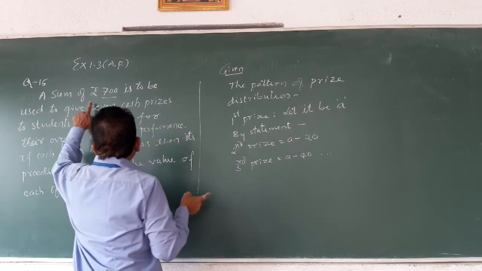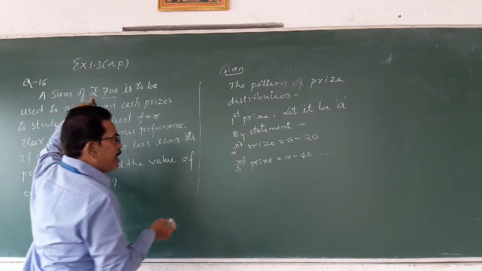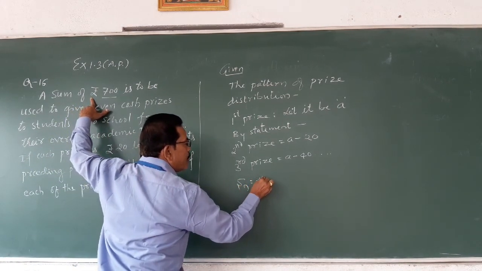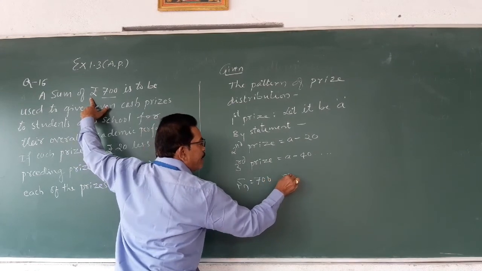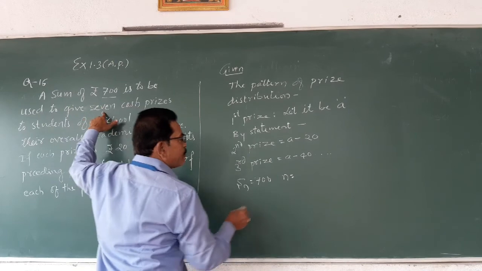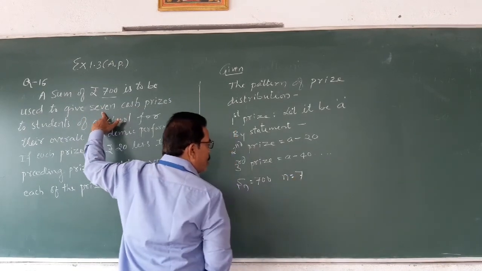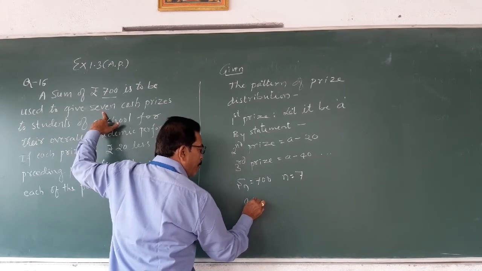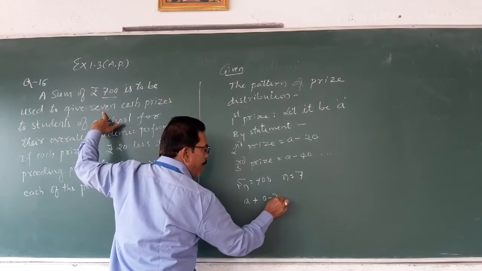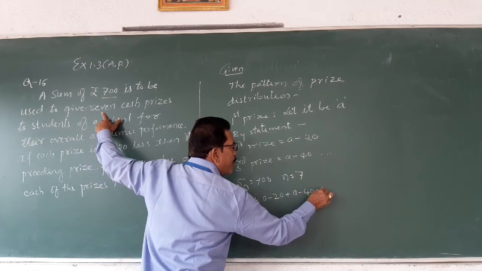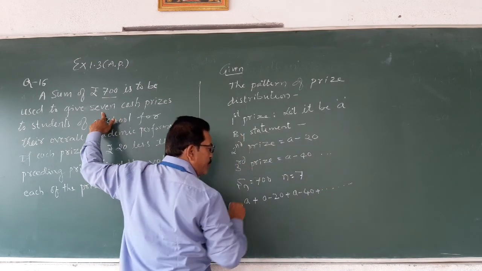So the sum is given, that is Sn is 700, n is 7 cash prizes, that is n equals 7. So A plus A minus 20 plus A minus 40 plus and so on.